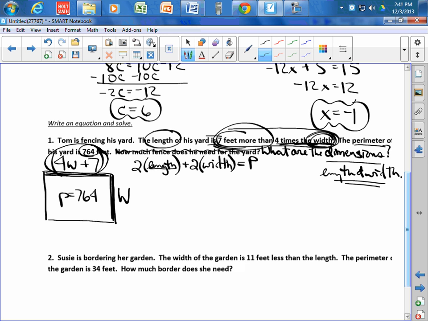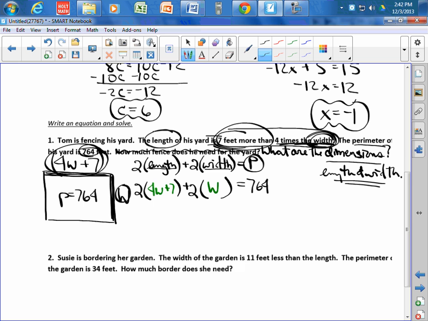So this expression right here, 4W plus 7, goes into that parentheses right there. And plus 2, and what are we using for the width? Right, we're using W. And what are we going to use for perimeter? That's right, it's 764. And there's your equation on how to solve this particular problem.